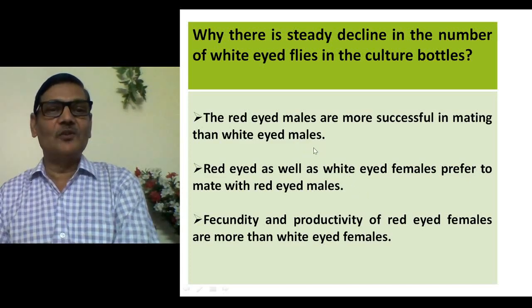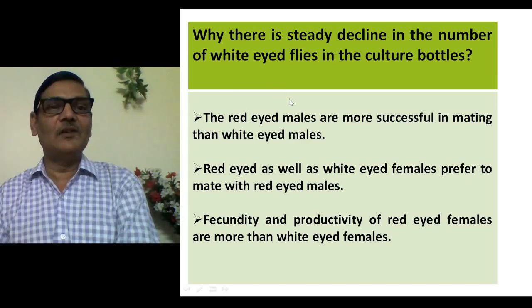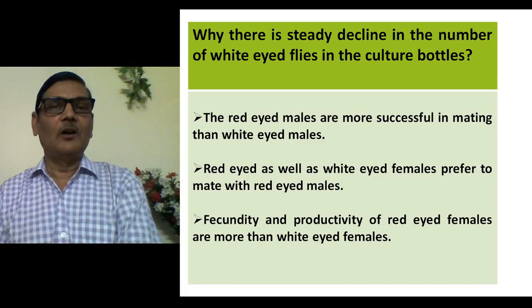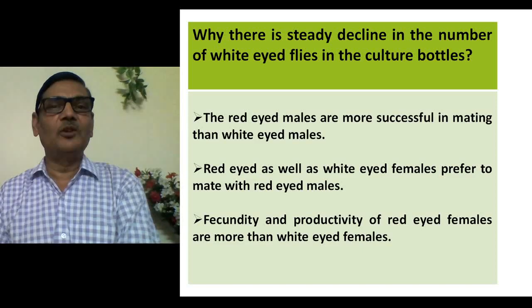You can see how natural selection operates, because these are the three major hidden reasons which actually cause the decline of mutant flies. And a time comes when you will not be able to observe even a single mutant fly in the population. So this is a very important experiment, which you can understand by going through this presentation.